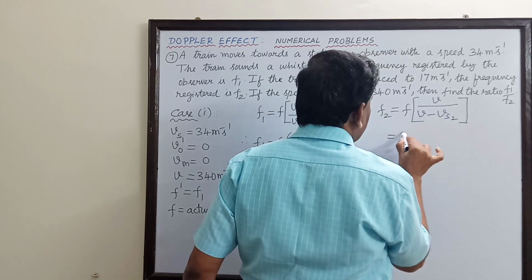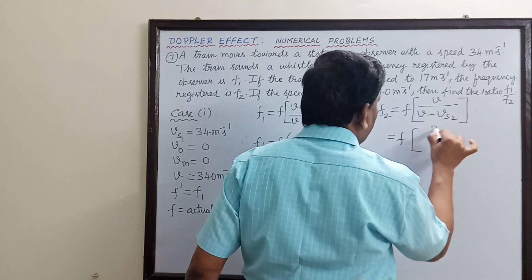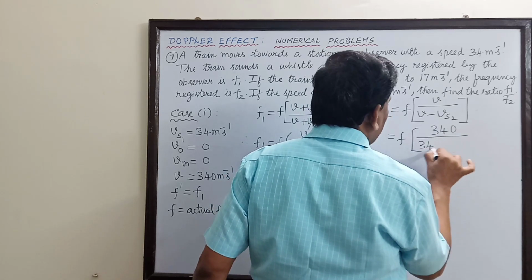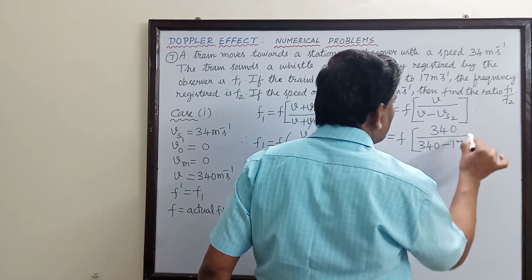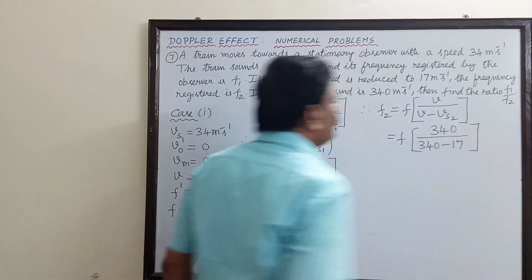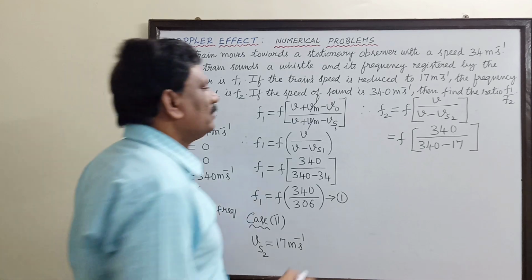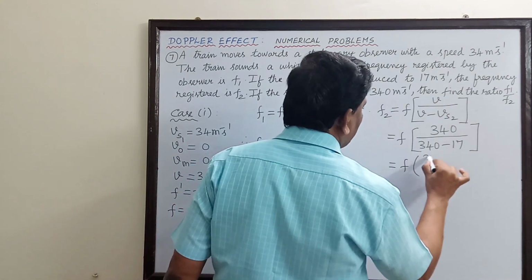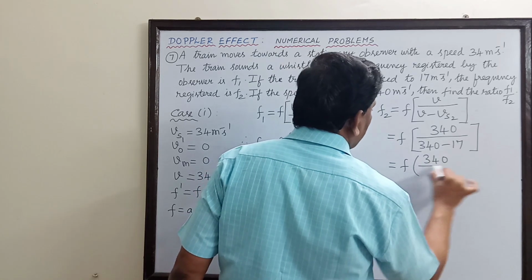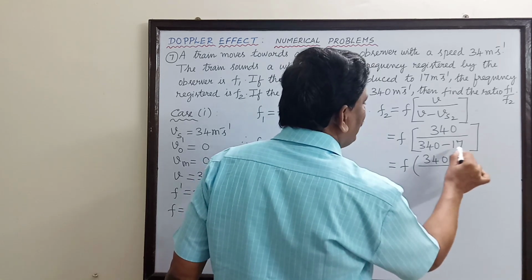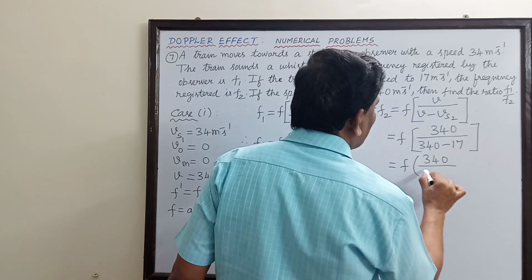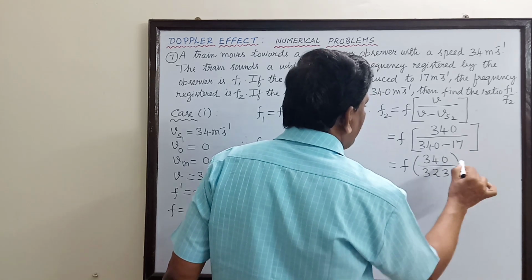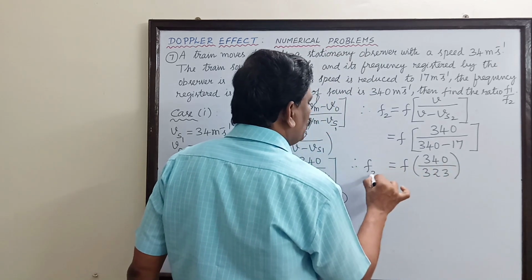So this is equal to F into 340 divided by 340 minus 17, and 340 minus 17 is 323. So F2 is F into 340 by 323.